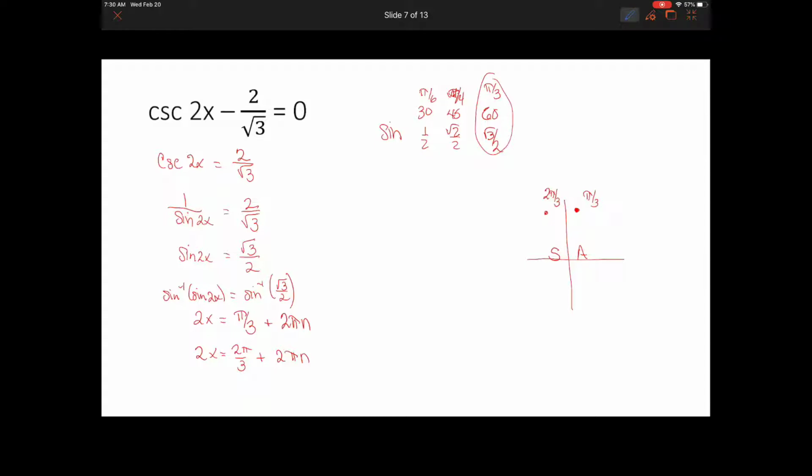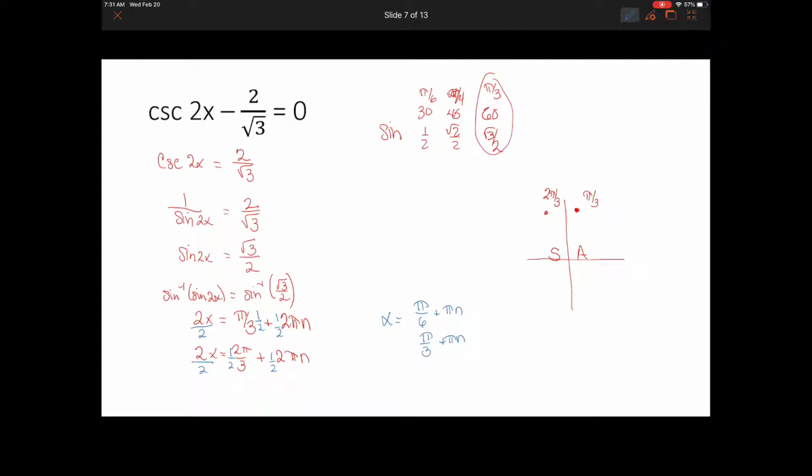So we want the x all by itself. We're going to divide each term by 2, which is the same thing as multiplying by a half. And so our final solutions are x is equal to pi over 6 plus pi n, and also pi over 3 plus pi n.